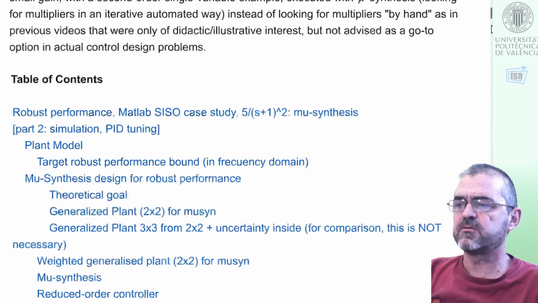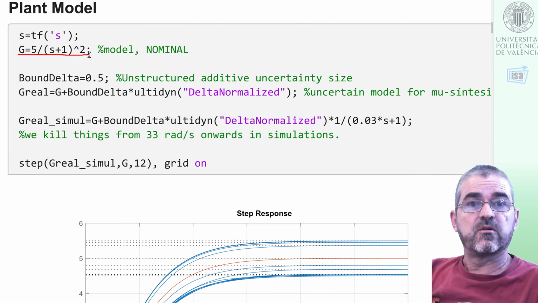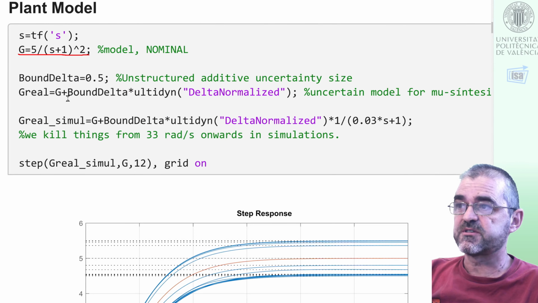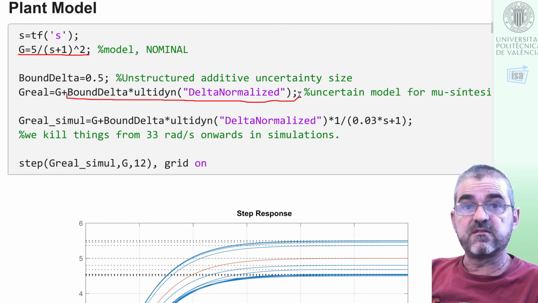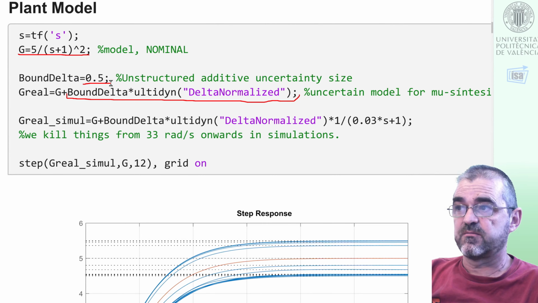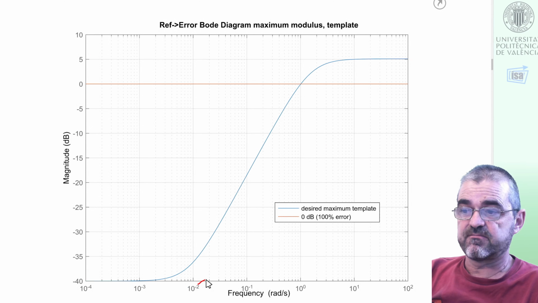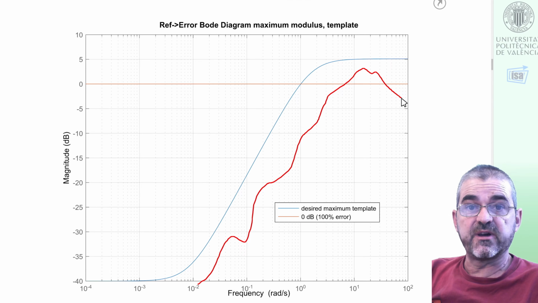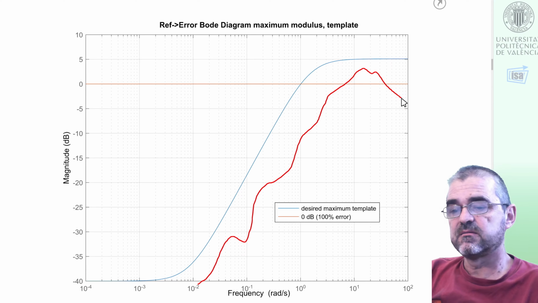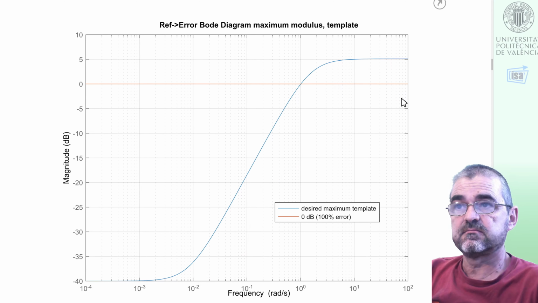If we recall, we are solving a robust performance problem for this nominal process plus an additive uncertainty of size 0.5. Our robust performance goal is just keeping the closed loop set point to error response below the blue line for all plants.